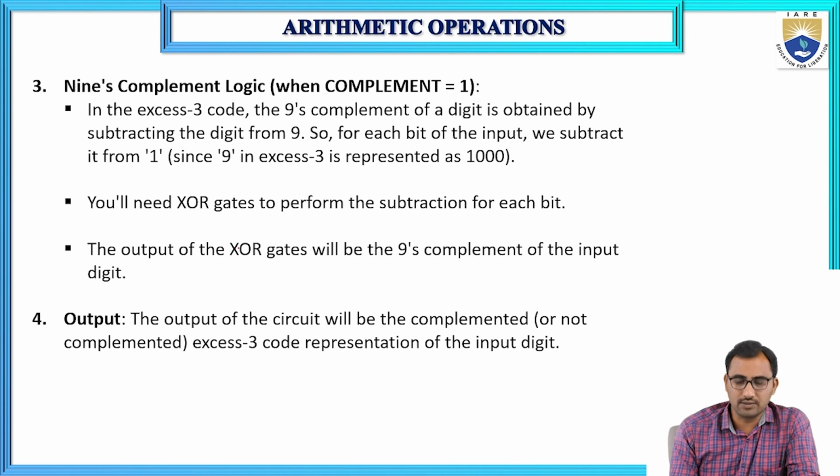Using XOR, we can perform the subtraction by complementing the given input signal. The output of the XOR gates will be the 9's complement of the input digit. Finally, the output of the circuit will be the complemented XS3 code representation of the input digit.